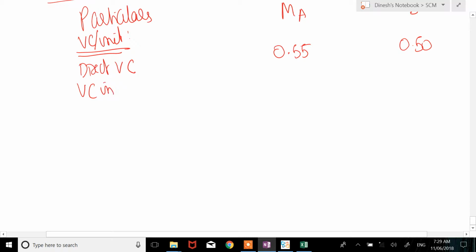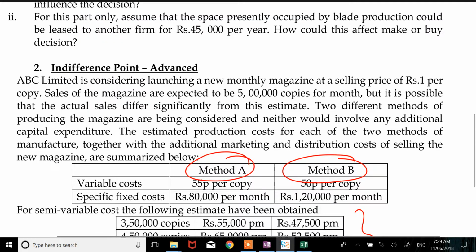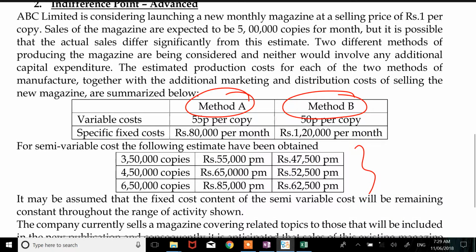VC in SVC, variable cost in semi variable cost. Split and tell me what is the VC per unit. Any two levels you can take. Change in cost by change in units.